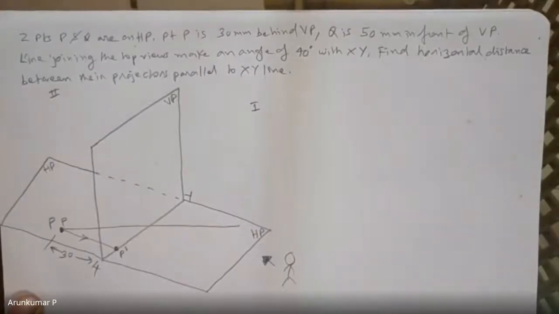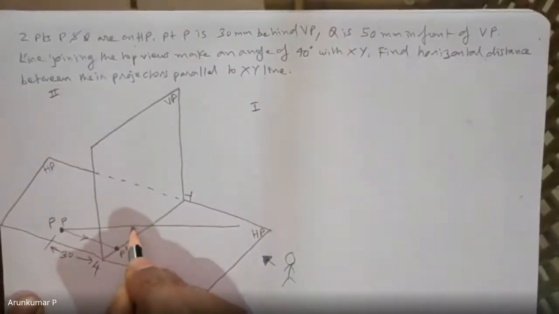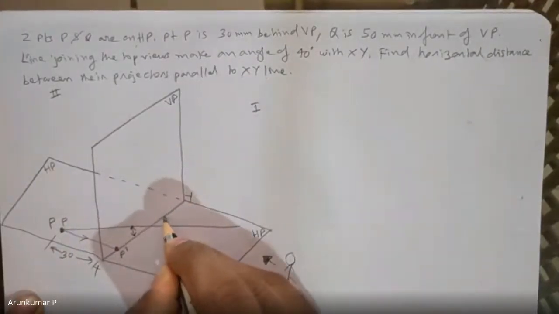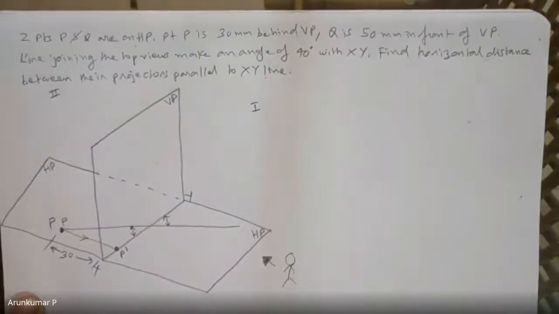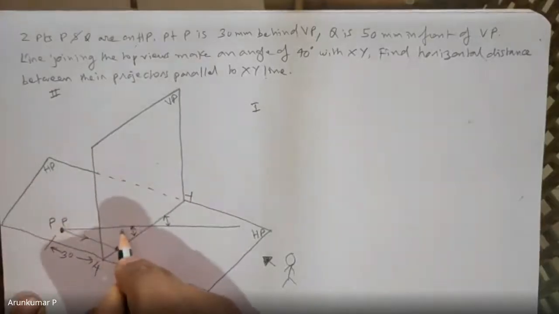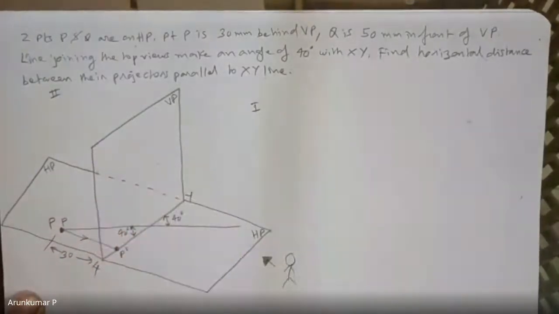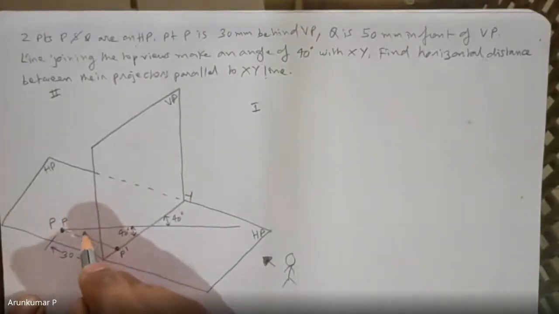Okay. Now, what is this angle? How much is it? 40 degrees. So if you say this is 40 degrees, that means this is also 40 degrees, alternate angles. That means at what angle should you draw this line?